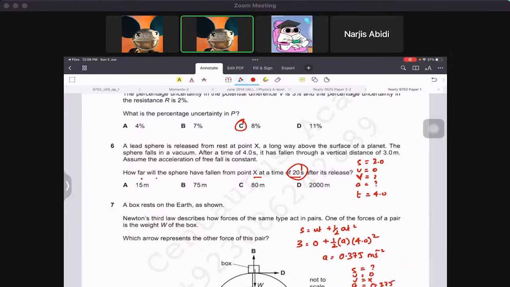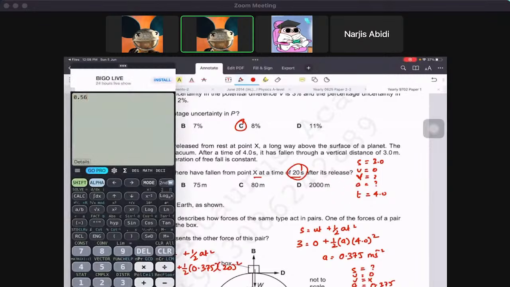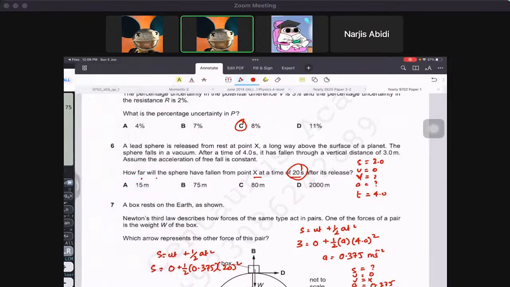So we'll use S equals to UT plus half AT squared. So S is what we need to find. This is 0, this is half, this is 0.375 times 20 whole squared. Now let's do this. 0.5 times 0.375 multiply by 20 square. So this is 75 m.